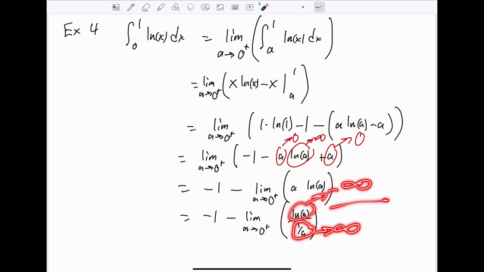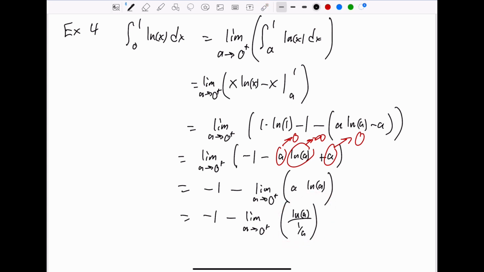So I have a negative infinity over infinity type of indeterminate form. Once I have the proper type of indeterminate form, I can use L'Hopital's rule to simplify. L'Hopital's rule says take the derivative of the numerator, take the derivative of the denominator, and find the limit of that fraction.